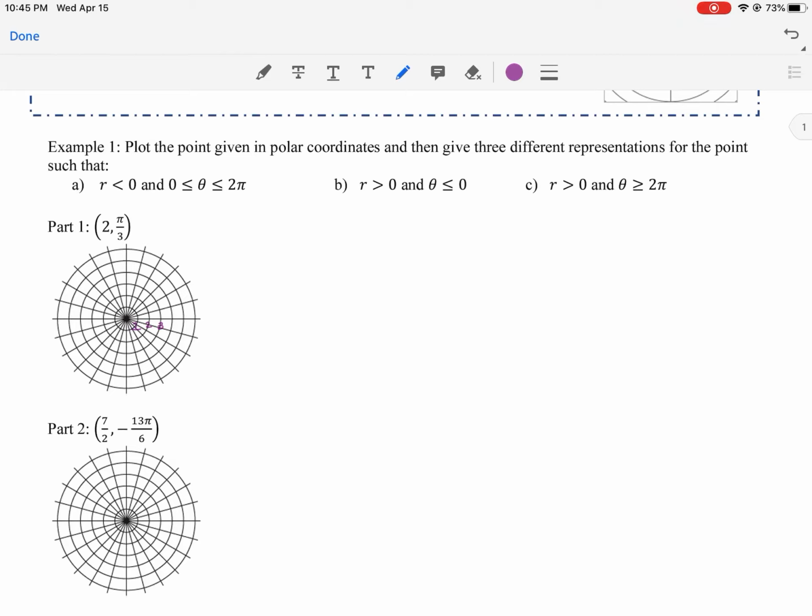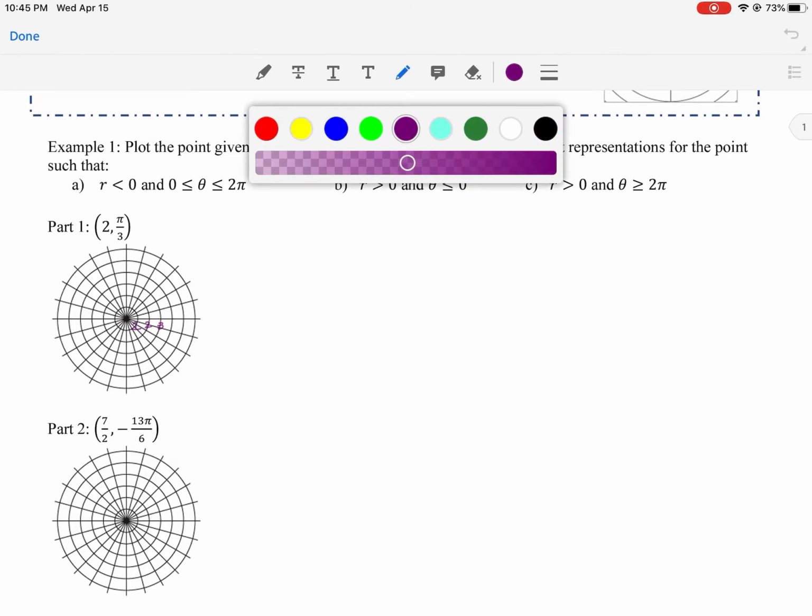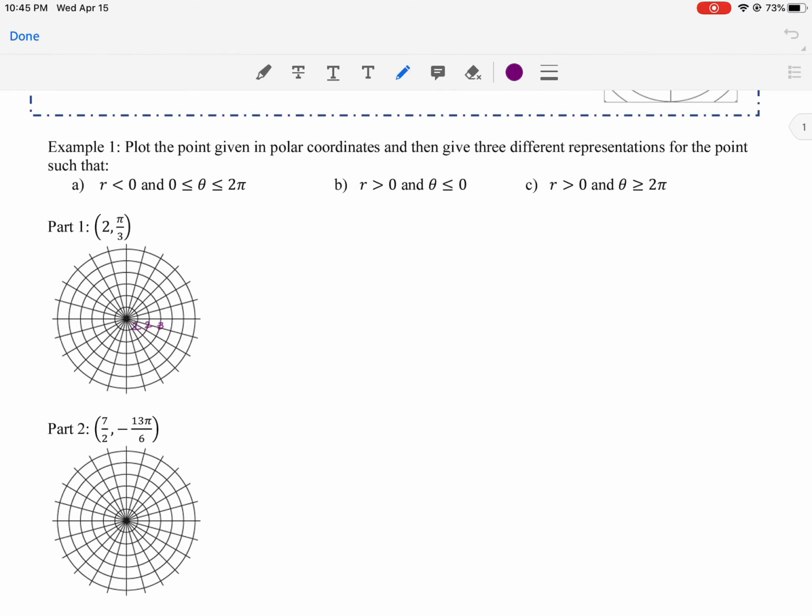So it's got a radius. If it has a radius of 2, it's saying, okay, that's a length of 2. And then it's saying it's going pi thirds. So if you look here, pi thirds is going to the counterclockwise, right?